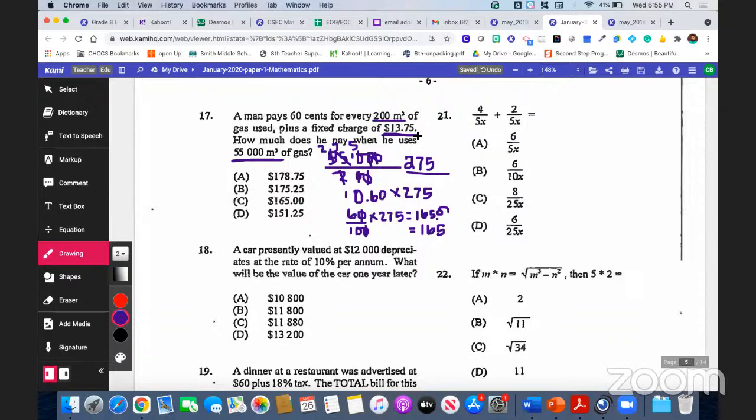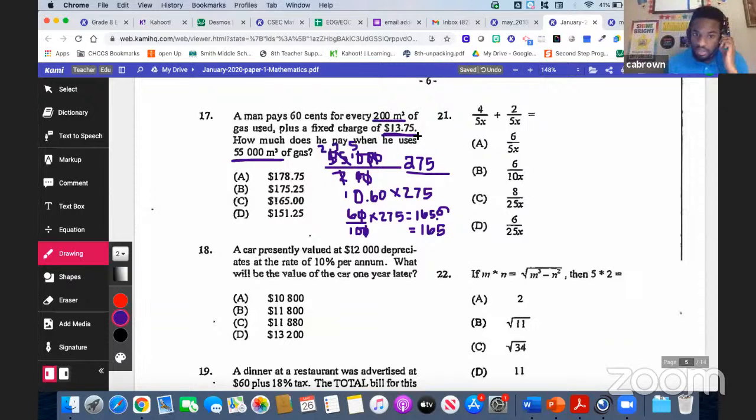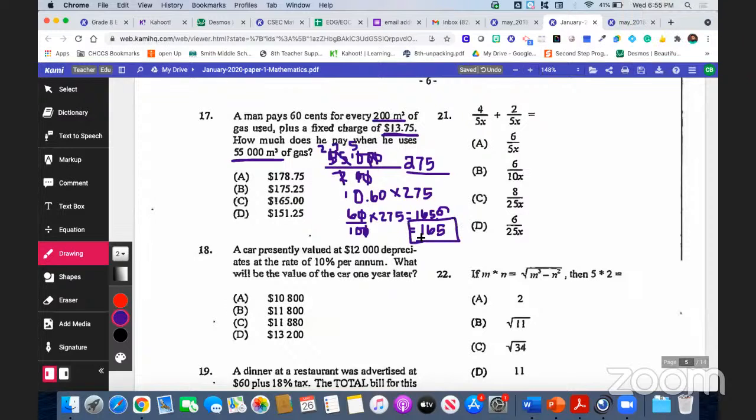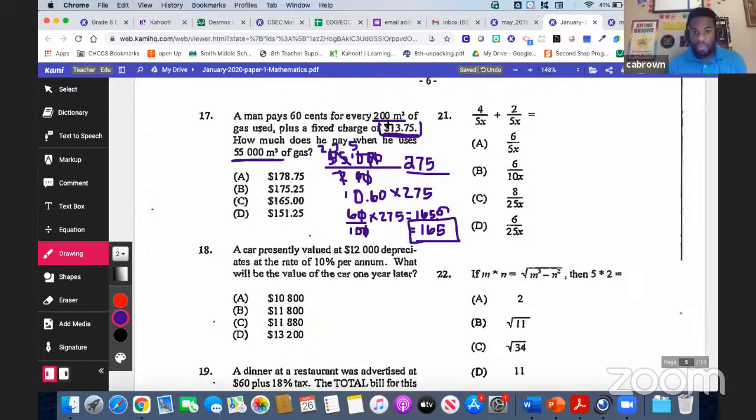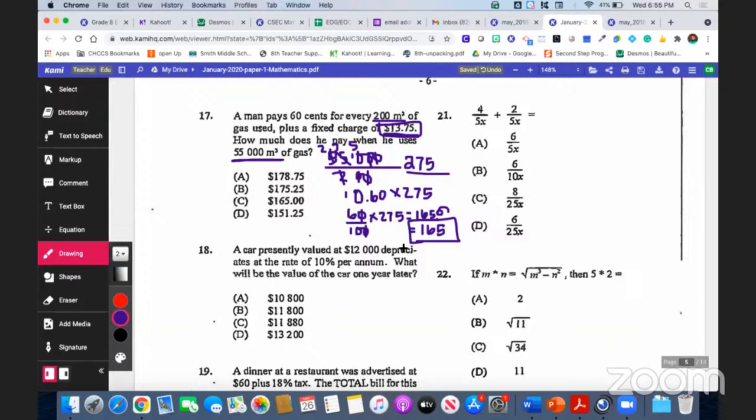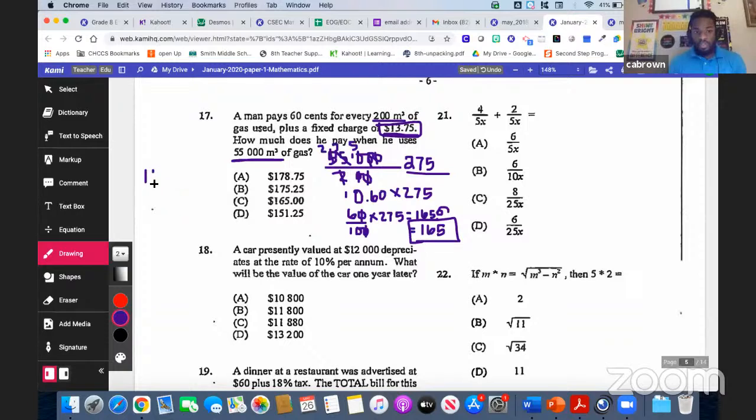So you're saying the answer is C? C, 165? Yes, sir. It can't be C. What happened to the 13.75? We haven't used that as yet. So it's A then. That 165, you're going to have to add the fixed charge, which is 13.75. We haven't used that as yet.